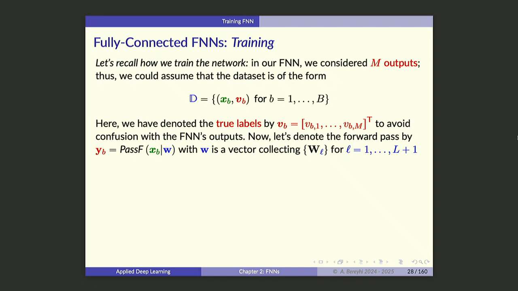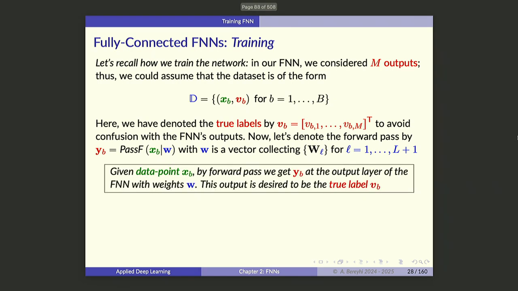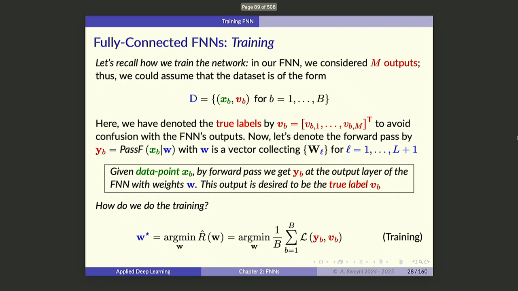So y is computed, and this x is supposed to have the true label v, but you are seeing y. So what you're going to do, as we talked about before, is compute the loss. L here is the loss function.